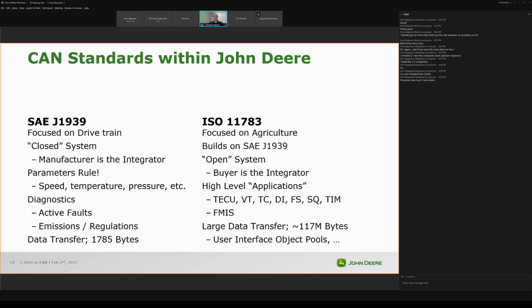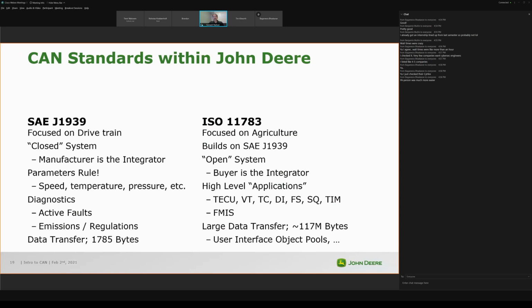And another big difference with ISO is that it will support up to 117 meg of data transfer in a session, in chunks, whereas SAE allows only 1785 bytes.